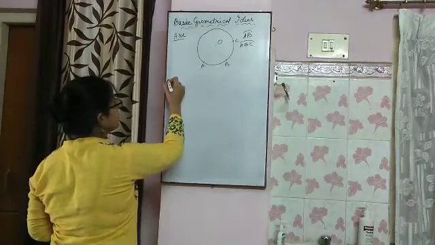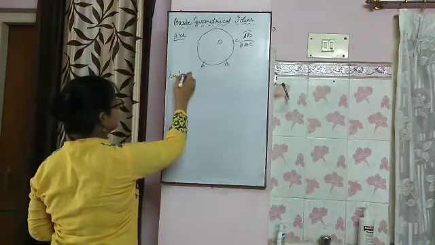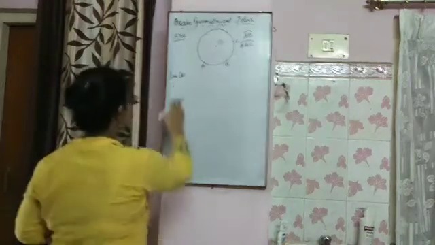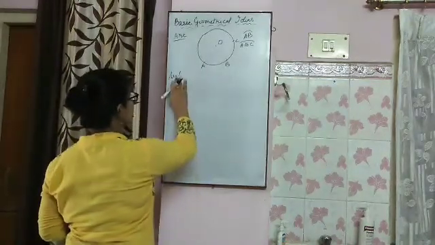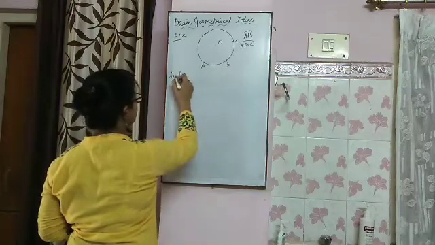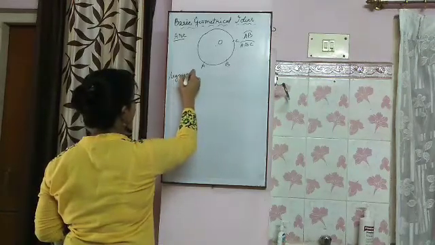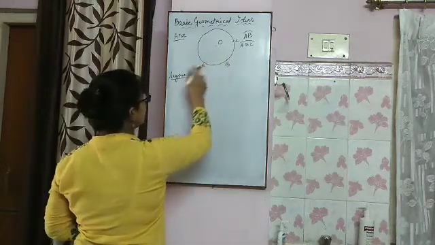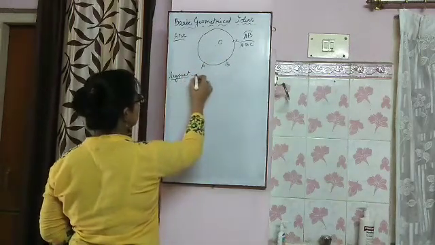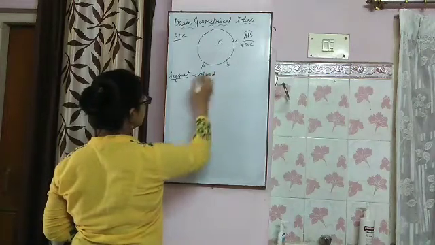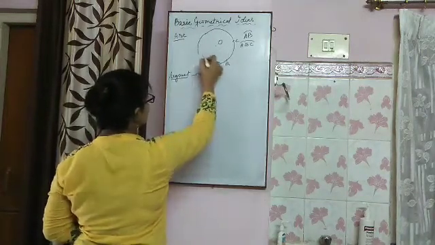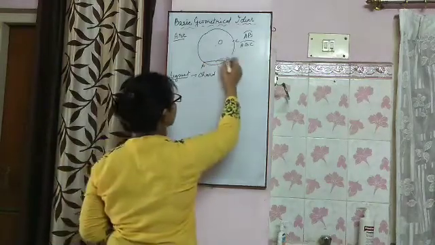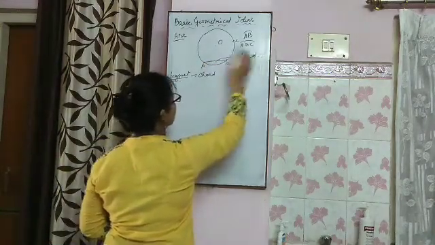Now segment. For getting segment, we need chord. So chord is what? Any two points if you join, then it will be called chord.